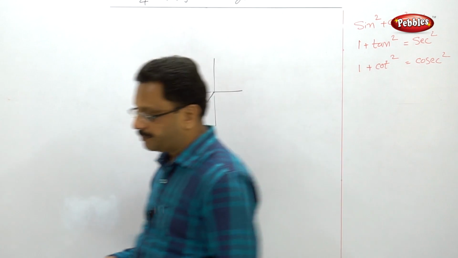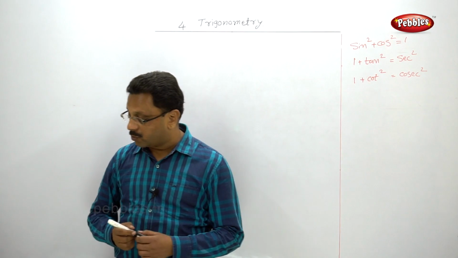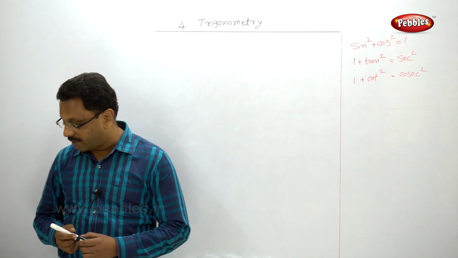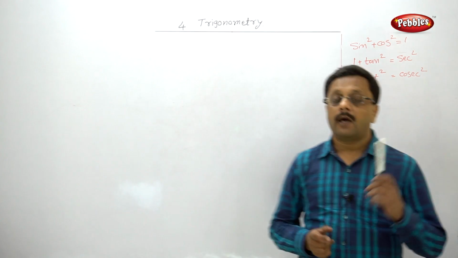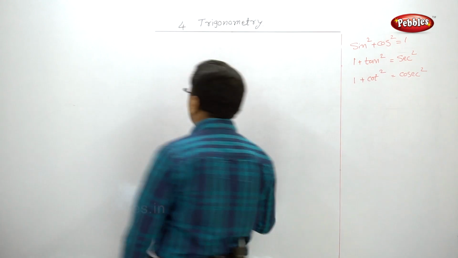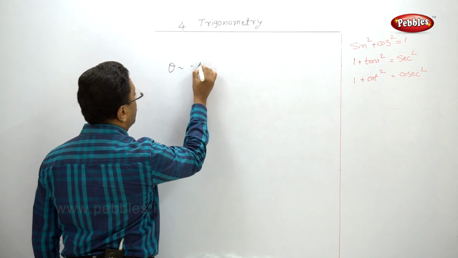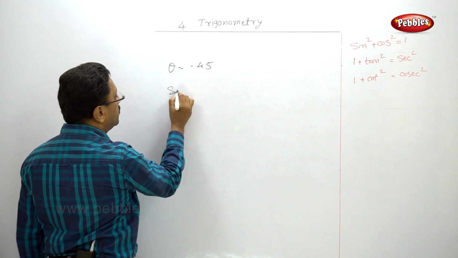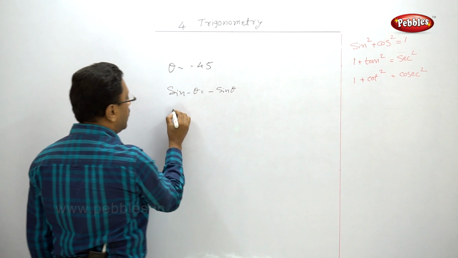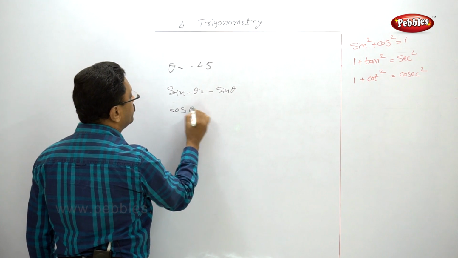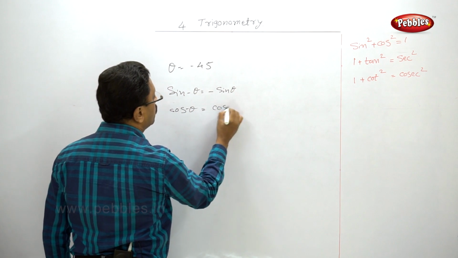Next example, if the angle theta is equal to -45, then find the values of sin theta and cos theta. Sin of minus theta is minus sin theta, and cos of minus theta is cos theta.